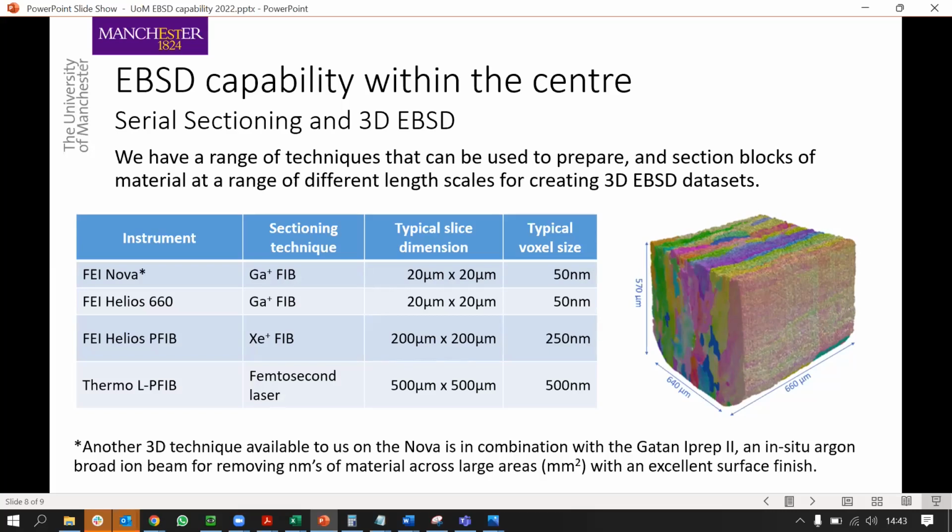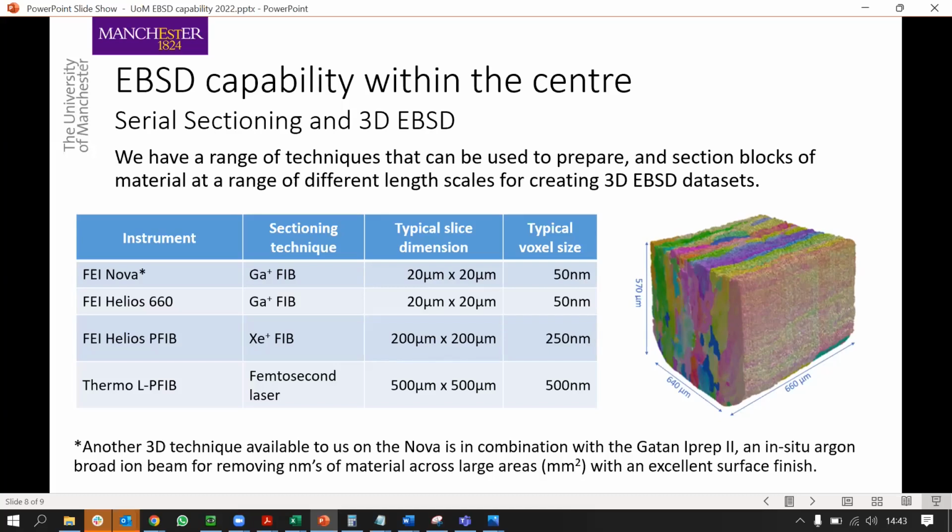As we move towards a xenon FIB with a larger ion, our material removal rates jump up by roughly an order of magnitude, as does the area we investigate. We could look at a smaller voxel size, but then the time of investigating such a large volume with a small voxel size basically makes the study undoable.